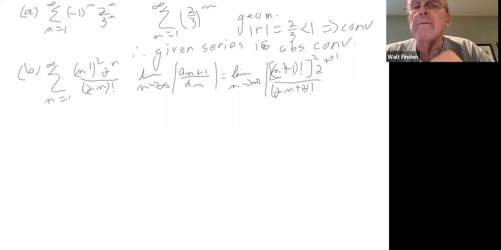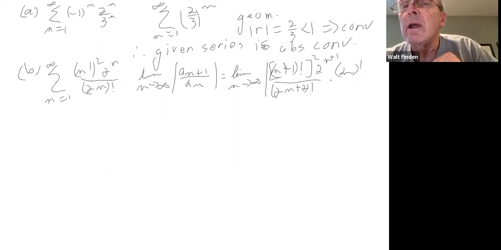How did I get that? In the (2n) factorial, I replaced the n by n plus 1, so it's 2 times bracket n plus 1, which is 2n plus 2. To finish off, the reciprocal of a_n is (2n) factorial on the top, and (n factorial) squared times 2^n on the bottom.